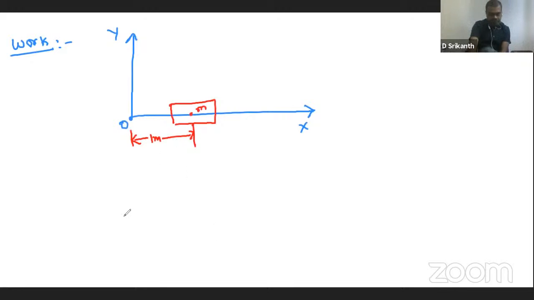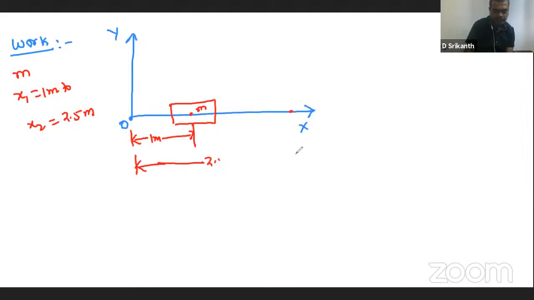Now work is defined as the ability to move the object of mass m from 1 meter to the final position, 2.5 meter. Suppose this distance is 2.5 meter. This is the object of mass m. So the displacement is 1.5 meter.